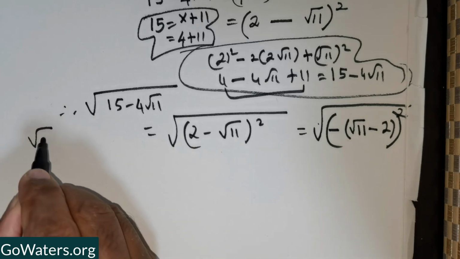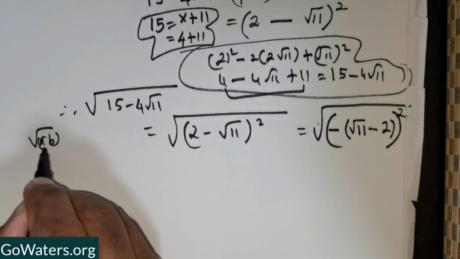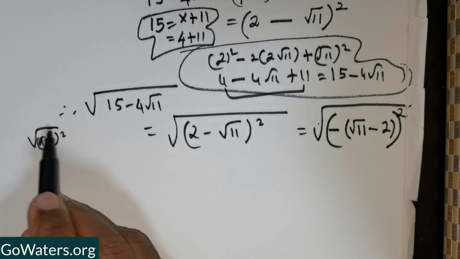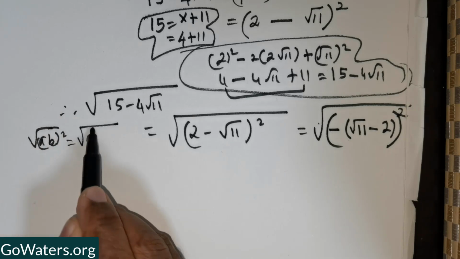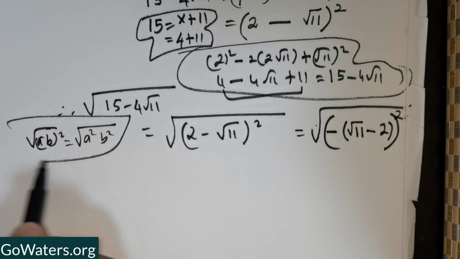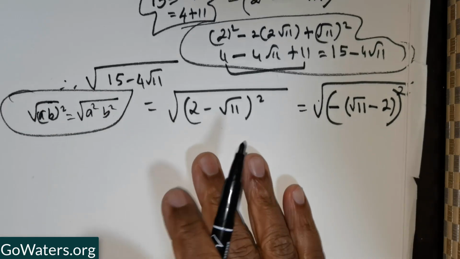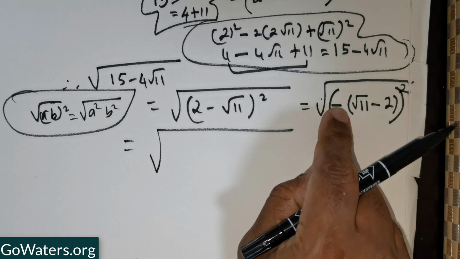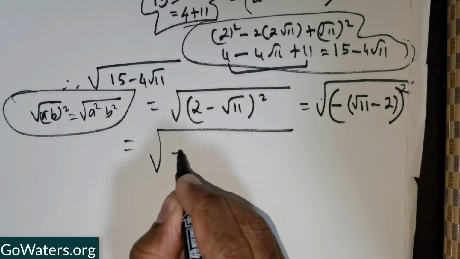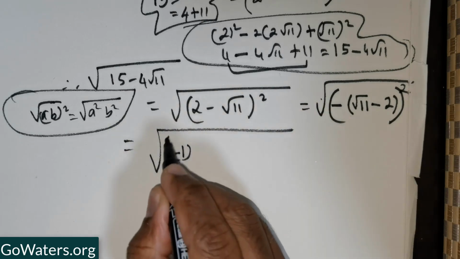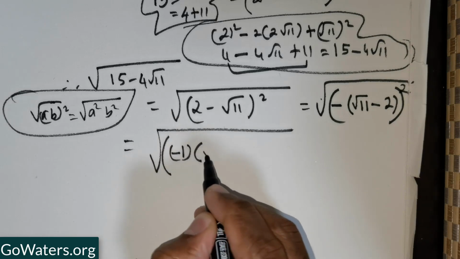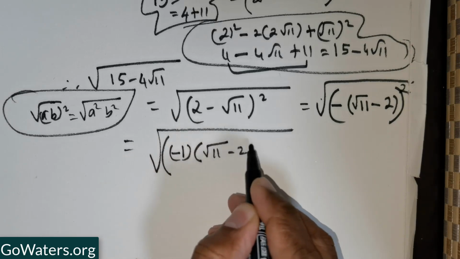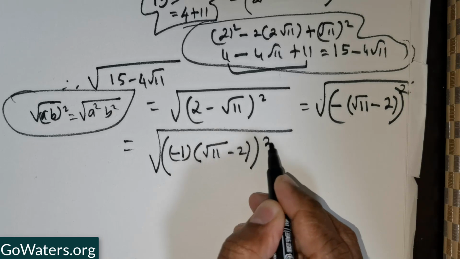Now you know that if you have something like root of (ab) raised to the power of 2, you can very well write this as root of a squared times root of b squared. That's exactly what I'm going to do. Now this is actually a negative 1. So let me write that down: negative 1 multiplied with root of 11 minus 2, and this entire component is raised to the power of 2.